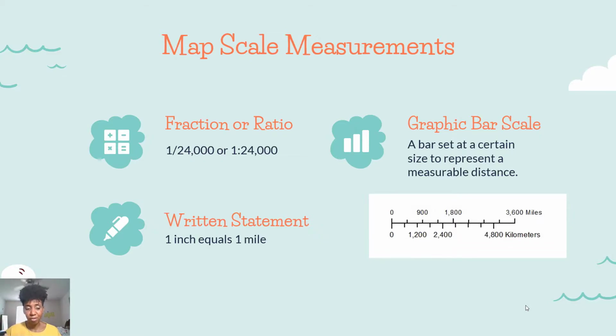Or you may see it as a written statement, which says 1 inch equals 1 mile. Or you may see it as a bar scale. So the bar is set at a certain size to represent a measurable distance. In this case, as you see here, you have 0 to 3,600 miles. So it could be that this is about 1 inch or 2 inches.